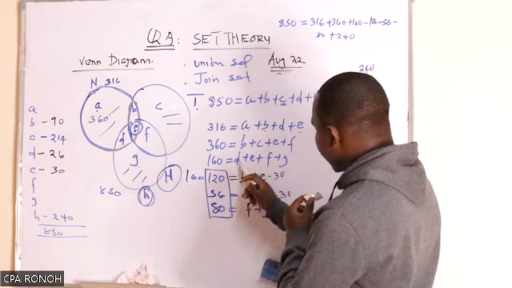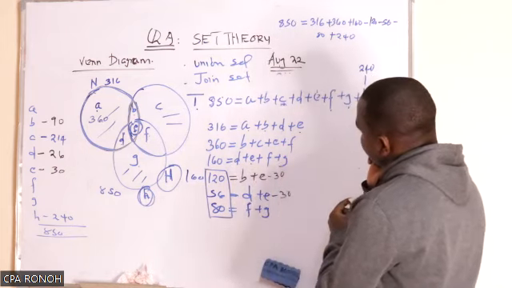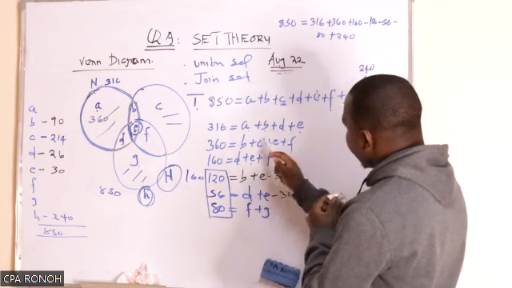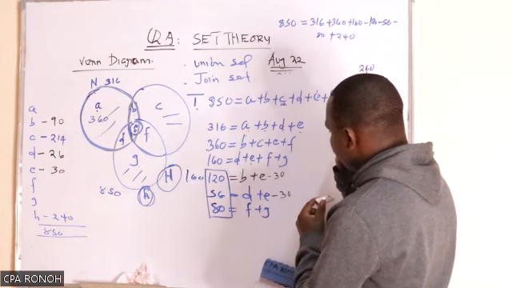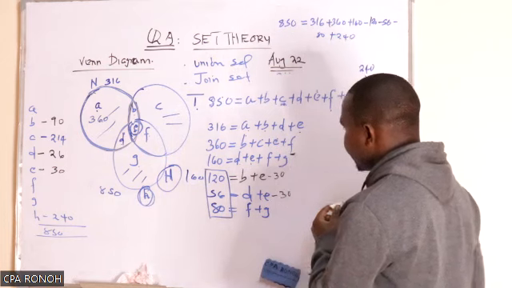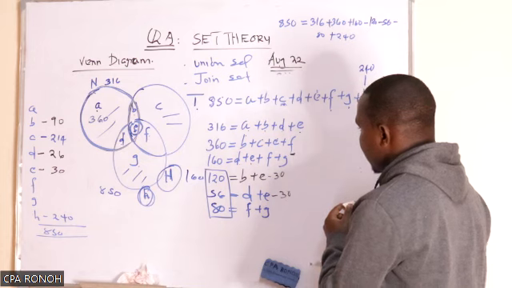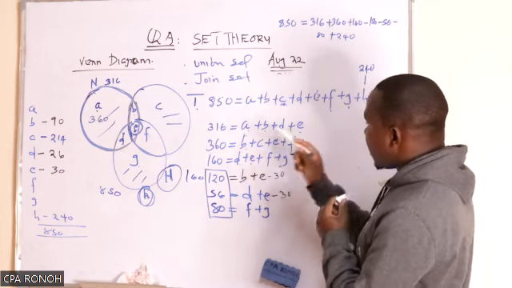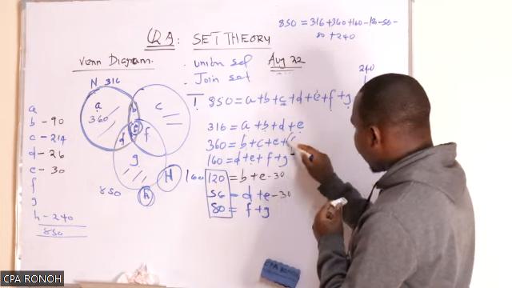Here we have D, E. We have C, we have B, we have E, so we can get F, right? We have B, we have C, and we have E, so we can get F.